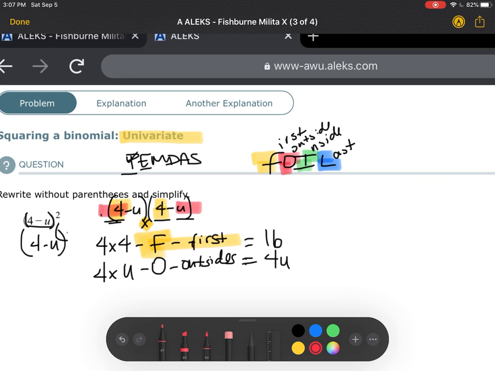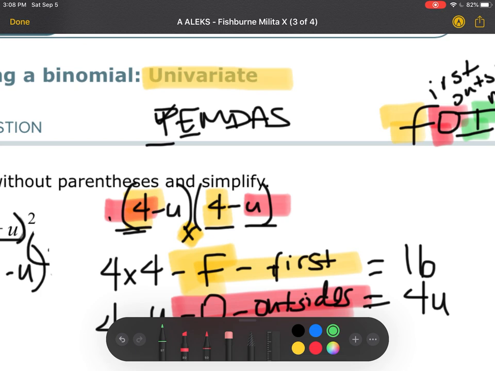And then, let me highlight my red. Then I'm going to go back and say, okay, my insides are the two in the middle. Now, notice that I have a negative u. Make sure you're accounting for the sign.